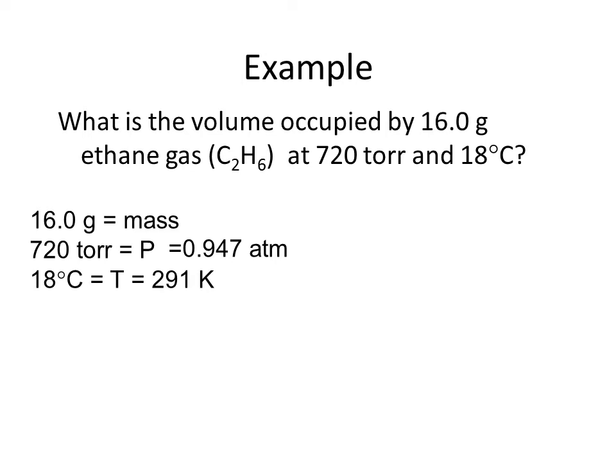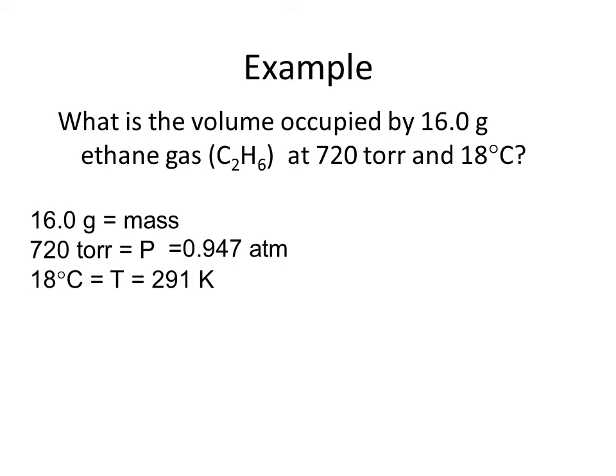Let's look at an example of how this law applies. If I read this problem, you'll see: what is the volume occupied by 16 grams of ethane gas at 720 torr and 18 degrees Celsius? I go through and remove each number and set it equal to a variable.